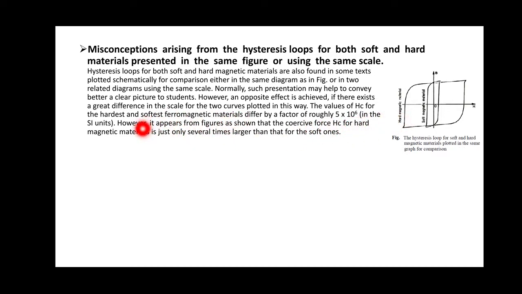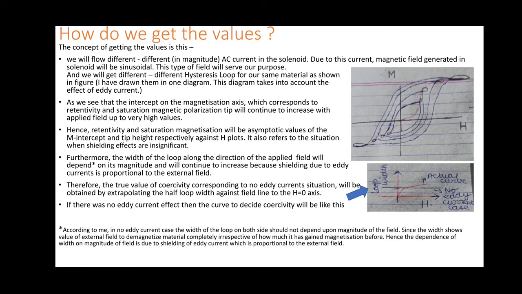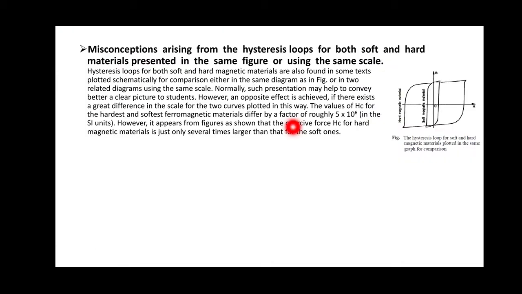But in this curve, we see that it is only several times or 100 times, but it is up to a million times. So, it appears from the figure as shown that the coercive field for hard magnetic material is just several times larger than the soft ones.